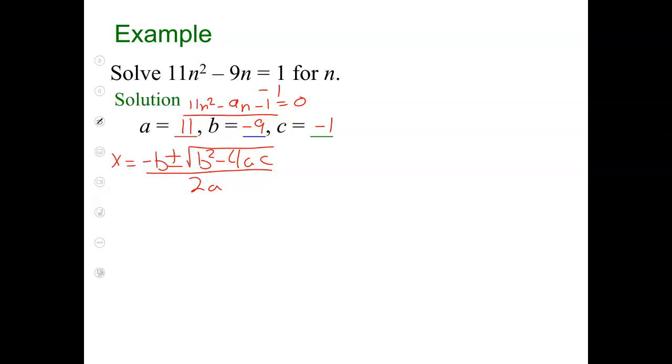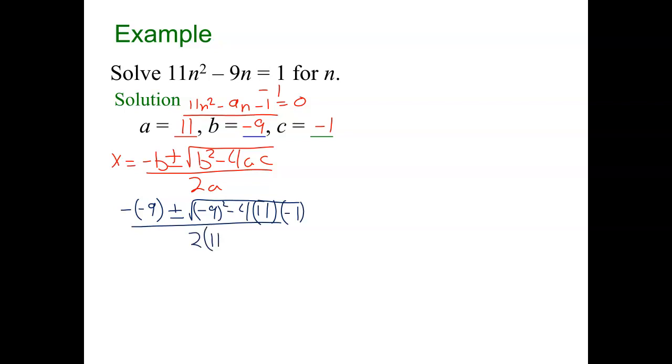Just plug it in. All right? So I've got negative 9. b is negative 9. Plus or minus the square root of negative 9 squared minus 4 times 11 times negative 1 all over 2 times 11.